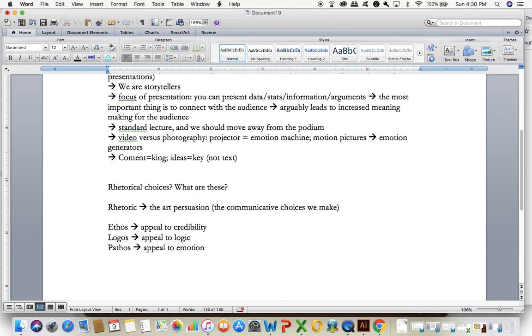So when I say things like developing your own ethos as a writer, or presenter, if we're talking about presentations, and ethos comes from the term ethics, we're talking about credibility.